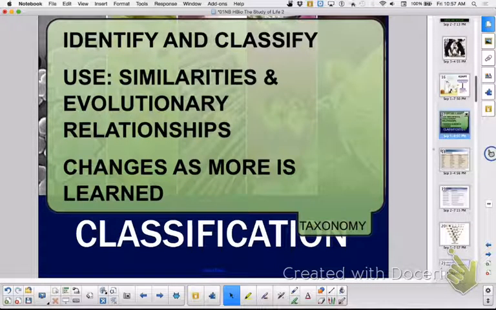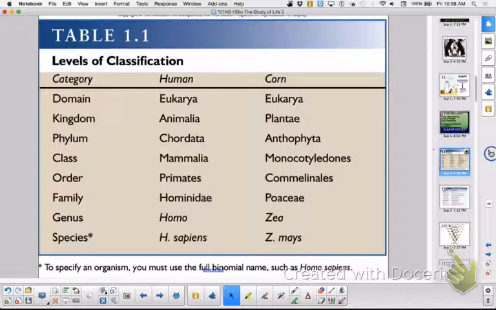Oak Park High School, right? And Oak Park High School belongs to this community, in OPUSD, which is part of a certain county, which is part of a bigger state, which is part of a bigger country, right? So we have classification categories as well.